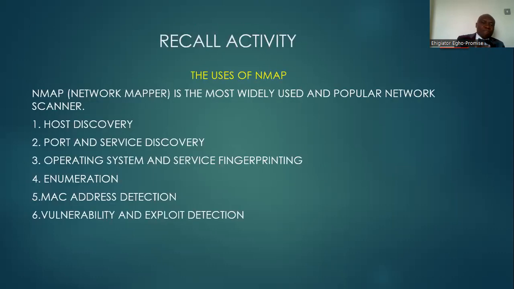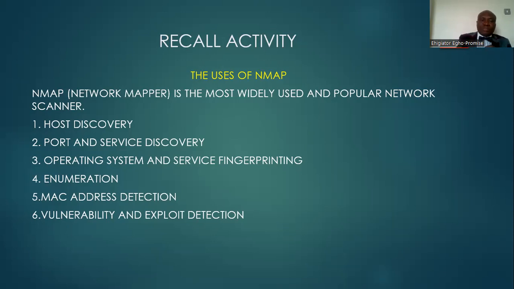Recall activity. In our previous lecture, we discussed the uses of Nmap. We said Nmap, which is Network Mapper, is the most widely used and popular network scanner to discover a host, to discover port and services, operating system and service fingerprinting.